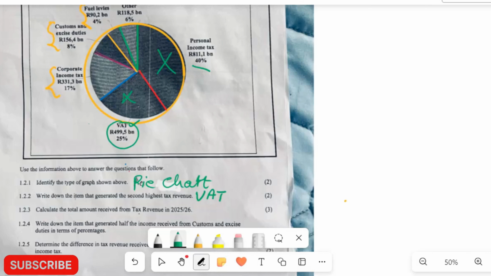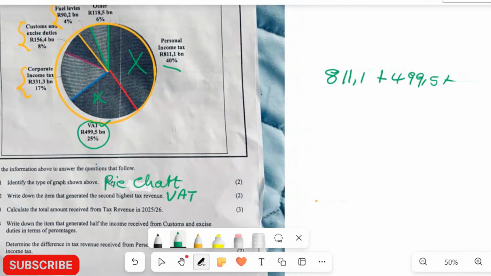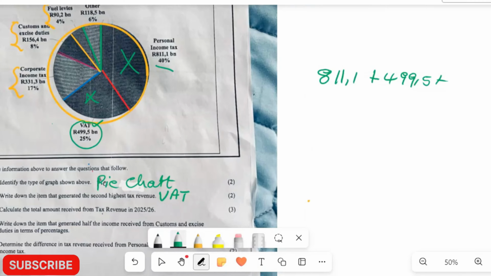Let us start with the personal tax income, which is 811.1 plus 499.5 plus, let me just open up a space here, plus 331.3 plus 156.4 plus 90.2 plus 118.5.